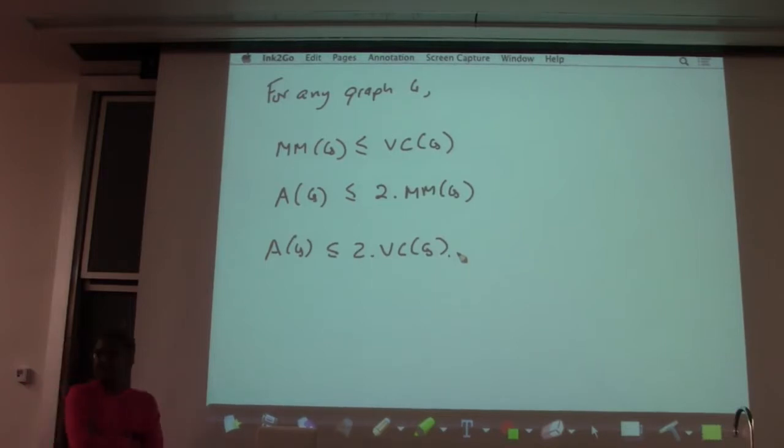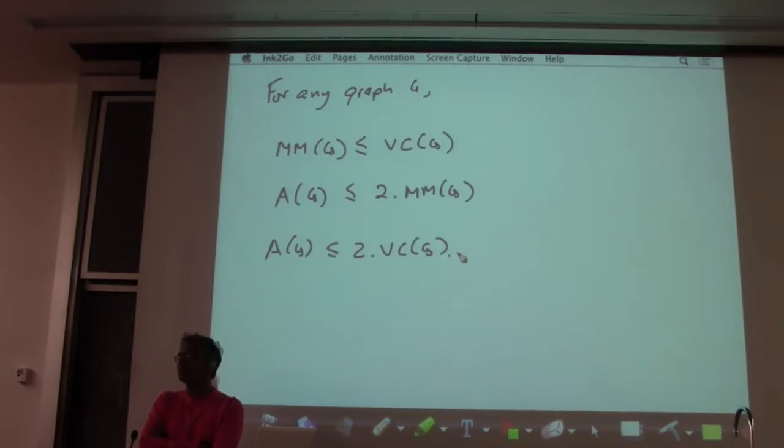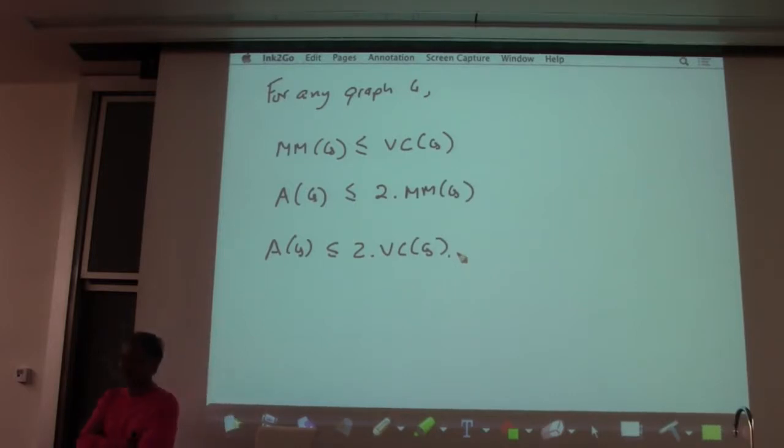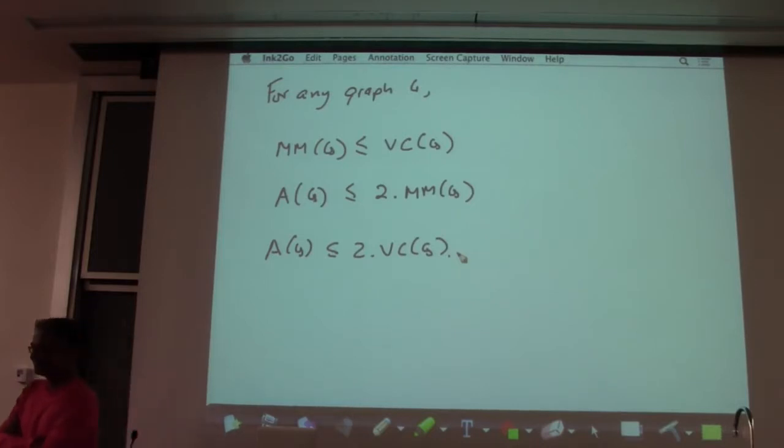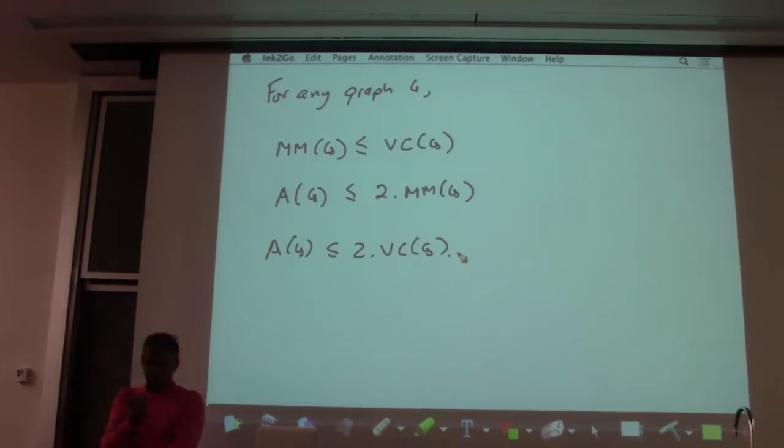Would it always be that we use the same algorithm for the answer and the approximation? I don't understand. You created the lower bound using the solution of the algorithm, the maximal matching, right? Yes, but that's because that's what the algorithm was doing. Usually you have this complicated dance where you design the algorithm, it does something, you try to analyze what it's doing in terms of the optimal.